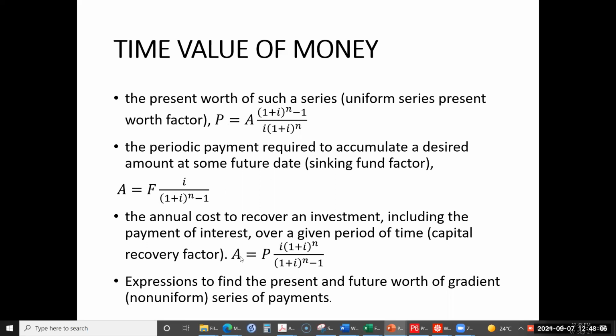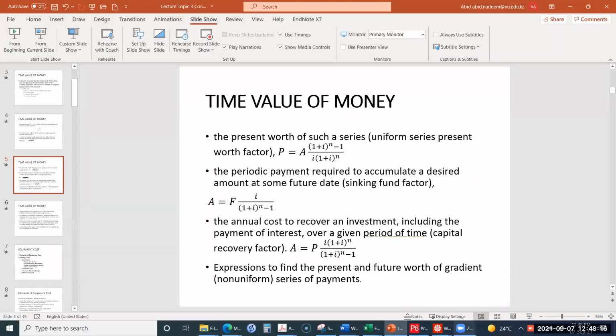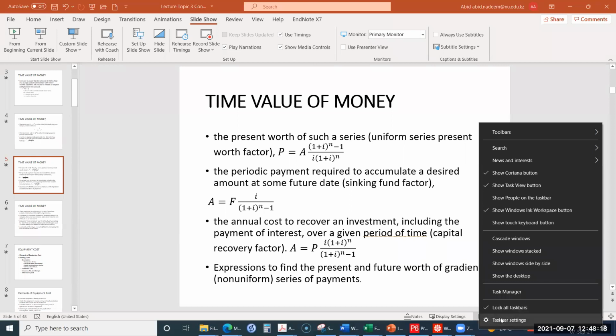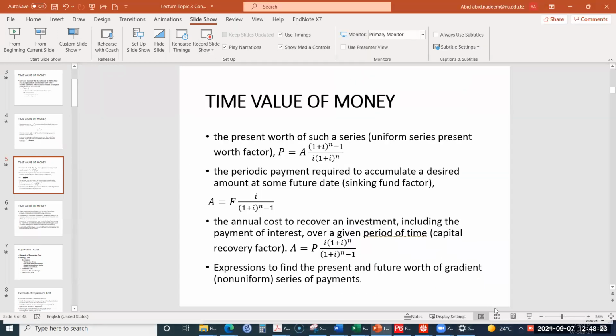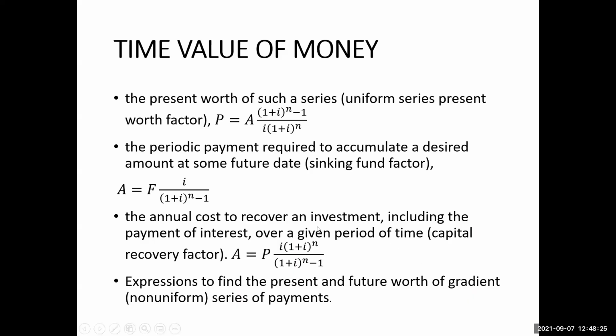And for this formula, we will use the PV function in Excel.